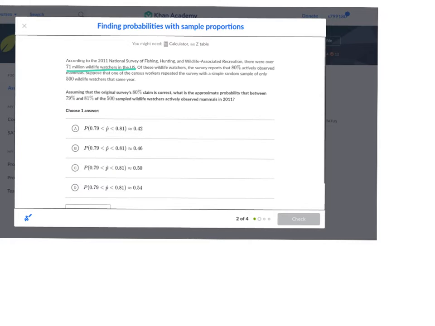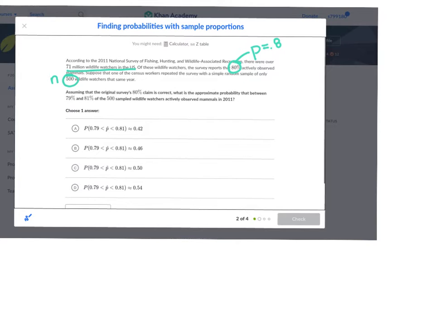Of those wildlife watchers, the survey reports that 80% actively observed mammals. Suppose that one of the census workers repeated the survey with a simple random sample of only 500, so that's my n because that's my sample size, in that same year. So this is my true proportion, P. According to the original survey, 80% claim is correct, so that's my P.